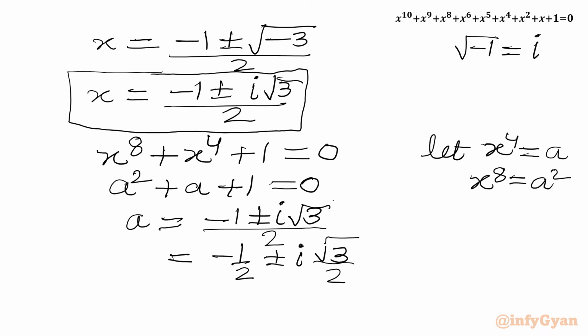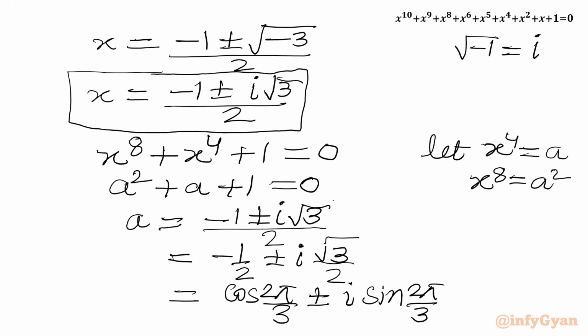We know that minus 1 over 2 is cos 2 pi over 3, plus minus i times square root 3 over 2 will be sin 2 pi over 3. Cos theta plus minus i sin theta is e raised to the power plus minus i theta, and theta is 2 pi over 3.